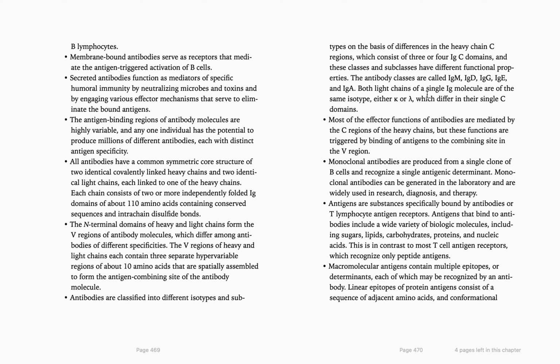But the light chains of a single Ig molecule are of the same isotype, either kappa or lambda, which differ in their single constant domain. Most of the effector functions of antibodies are mediated by the C region of the heavy chain, but these functions are triggered by binding of antigen to the combining site in the variable region.